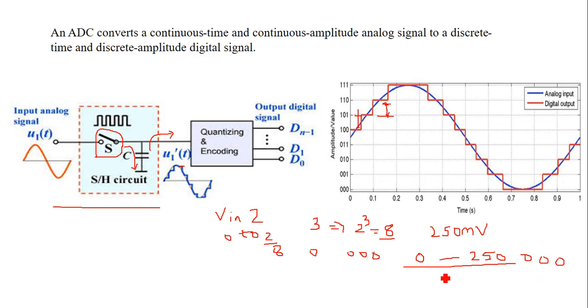If it is above 250, the next step will be 250 to 500 millivolt, and it will give 0 0 1. So any value that comes between these two levels will give digital output 0 0 1.